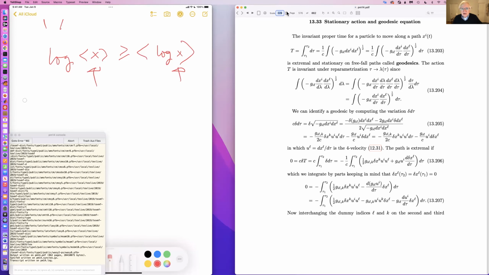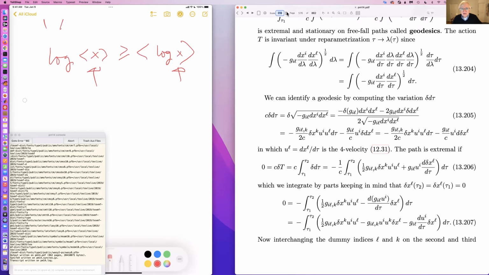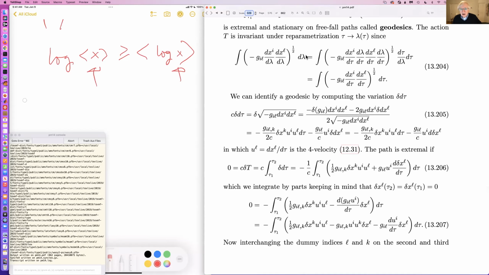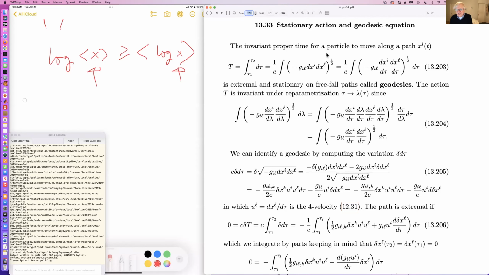And I'm going to make it big enough so that you can see. And I've added something that's not in the book, but I think is worthwhile. And if there's ever a third edition, I want it in the third edition.